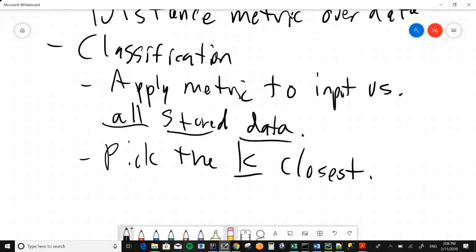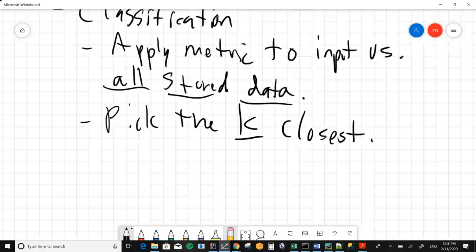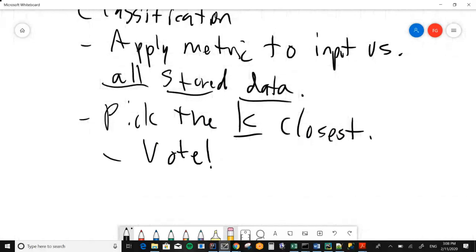Why an odd number? It's because the K closest are going to vote. So whichever among those K closest, whichever label is the most common becomes the output of the algorithm.